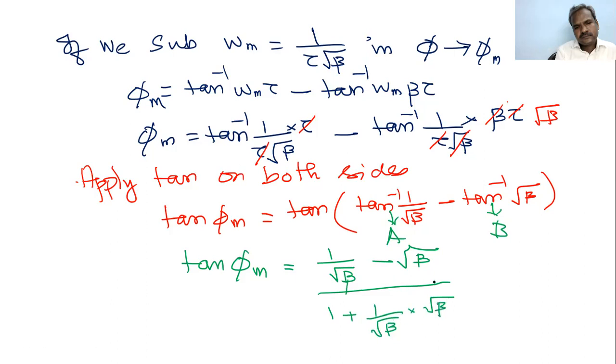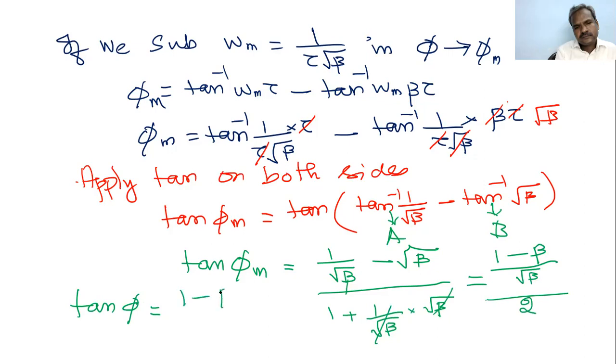So in the numerator, what will happen? 1 minus beta divided by root beta, divided by this, cancel, so 2. So tan phi m equal to 1 minus beta divided by 2 root beta.